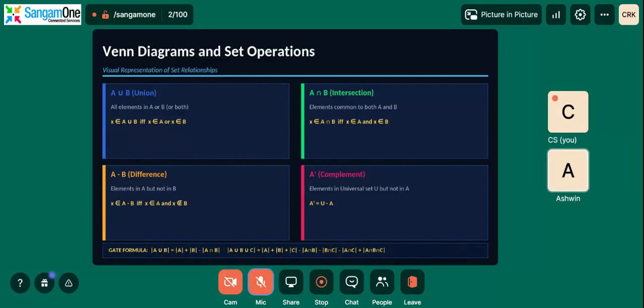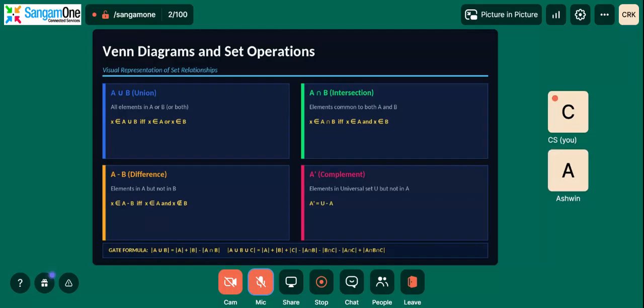Here we are denoting A minus B, the difference: elements in A but not in B. Similarly, if we do B minus A, it corresponds to elements in B but not in A. Suppose I mention A as English letters and B as the vowels of English.